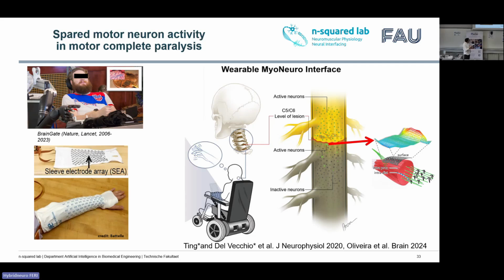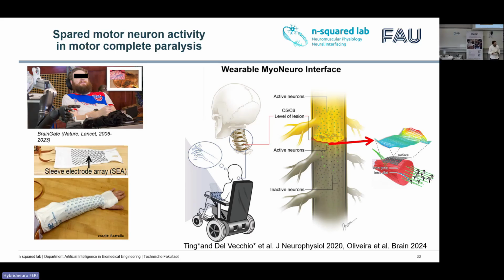What we found is that when we placed these high-density electrodes on the forearm, we could estimate what the person was thinking, was attempting to do. And we hypothesized that there must be some neurons below the level of the injury that are still functioning. Because most spinal cord injuries are due to a contusion, it's never clear cut.